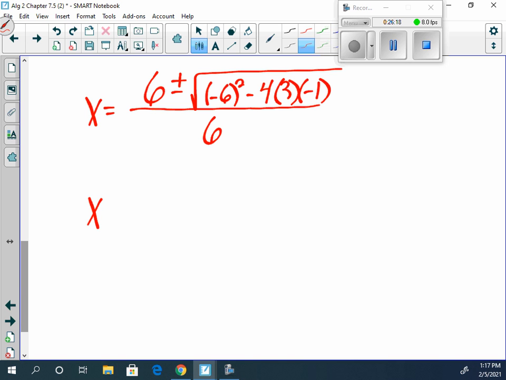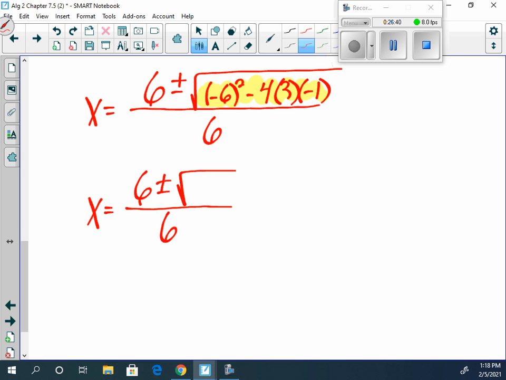Now we can simplify and solve. At this point here, we can use the calculator and plug everything inside the square root into the calculator. Because we can, parentheses negative 6, close parentheses squared, minus 4 times 3 times negative 1.